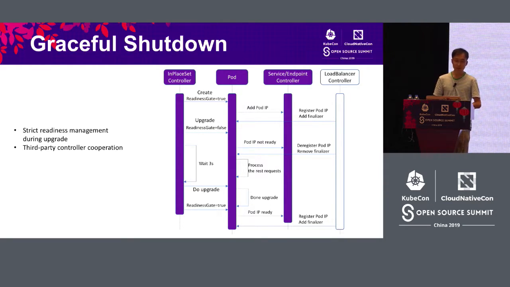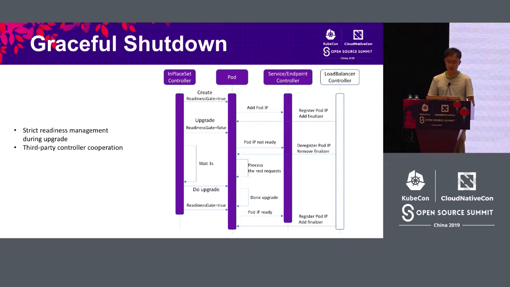For a true graceful shutdown, you need the involvement of a load balancer. We have an SLB controller which will work together with the mechanism, and when the pod is on the load balancer SLB, they will have a finalizer on the pod used to guarantee the pod will not be revised or changed easily.